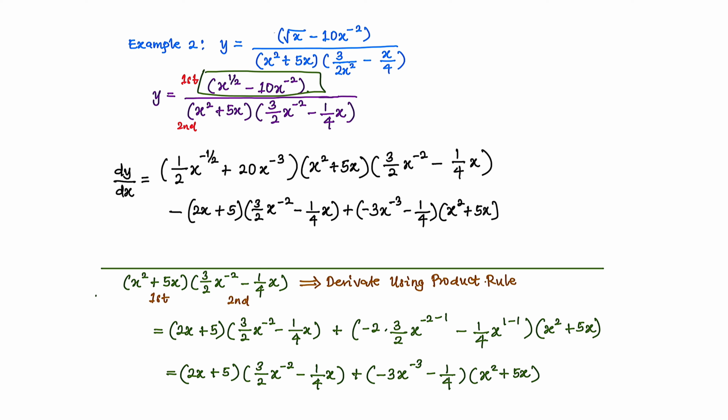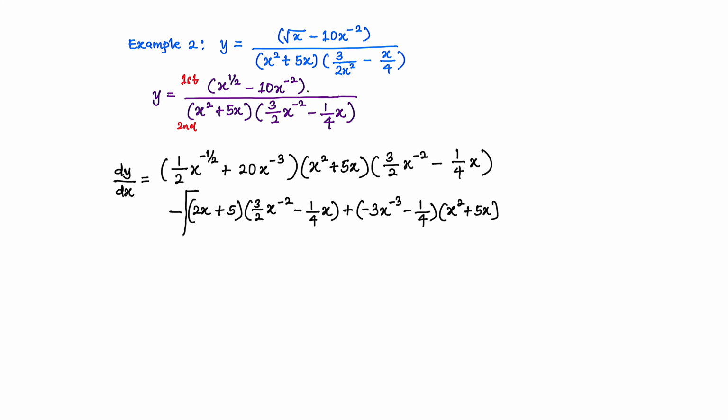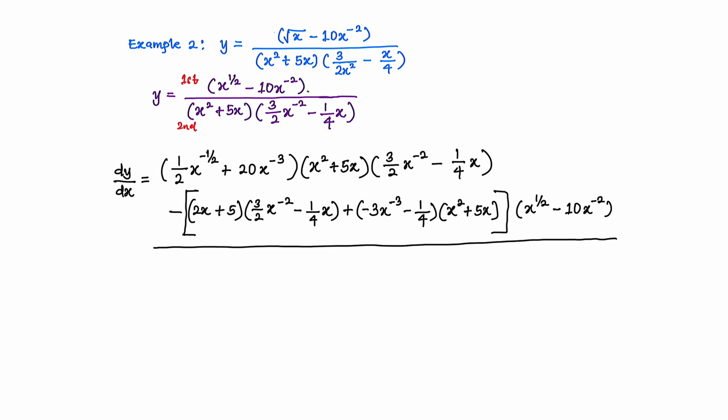So we just rewrite that. So we have all of this, which is the derivative of the second function. It is multiplied by x raised to power 1 over 2 minus 10 x raised to power minus 2. And lastly, all divided by the second function squared.